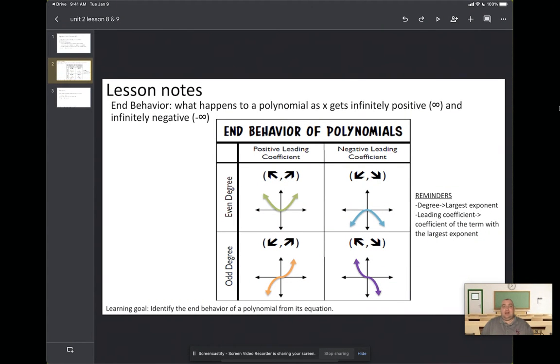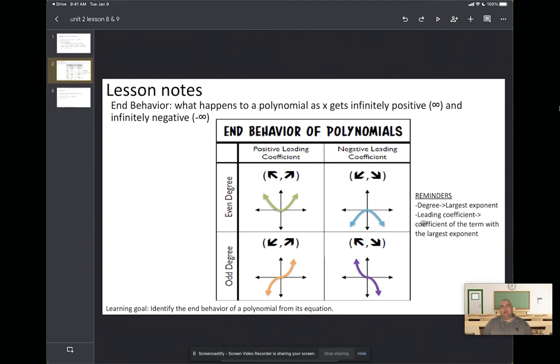It turns out in order to figure out the end behavior, all you need to know are two things. You need to know the degree, whether it's even or odd. And remember, the degree is the largest exponent. The leading coefficient, whether it's positive or negative, will also help you determine the end behavior.